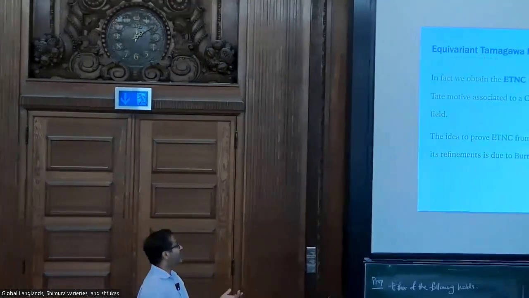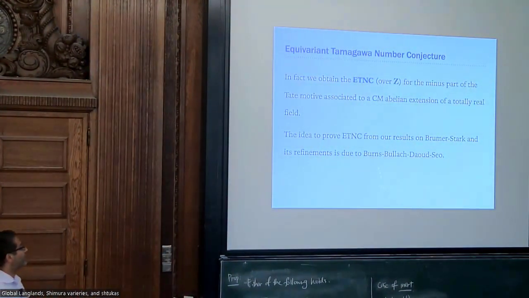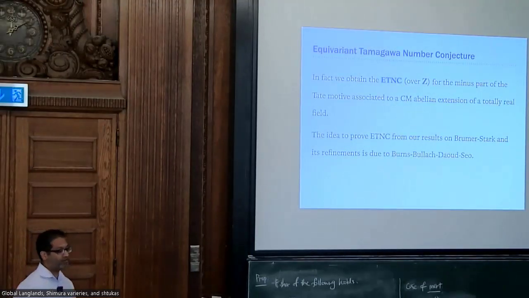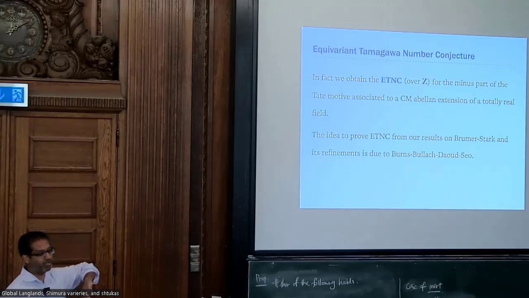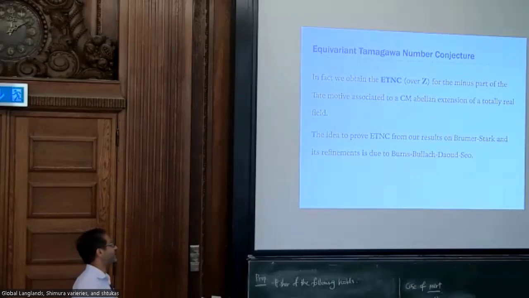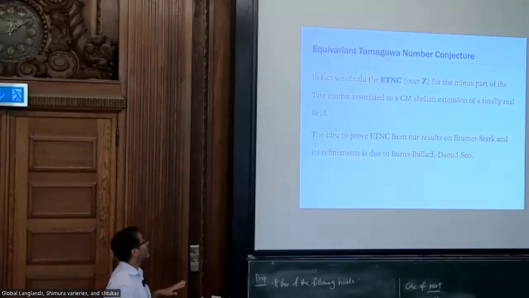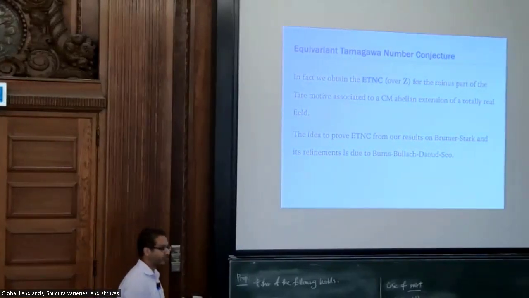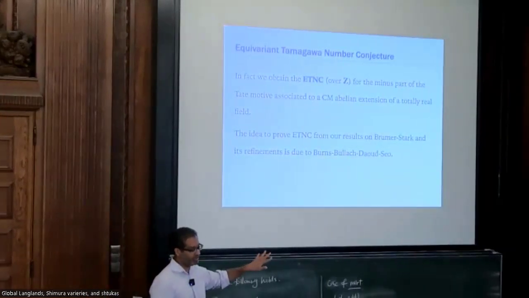The idea of proving that is due to a very nice paper of Burns, Bullock, Dowd, and Seo, where they show that if you take my results with Mahesh and look at them in towers, so we have certain theorems about fitting ideals of Ritter-Weiss modules, then you can patch those together to get the ETNC. That is their idea. And now that we have the results on Ritter-Weiss modules over Z, you can deduce the ETNC over Z. So you get the full result.